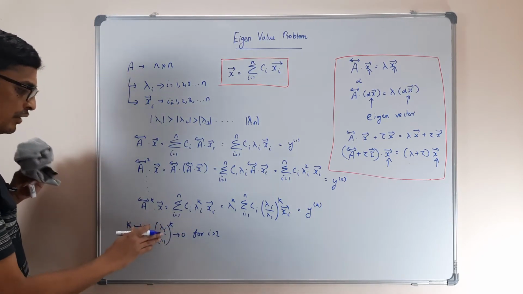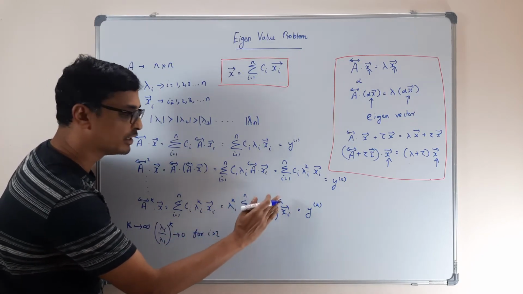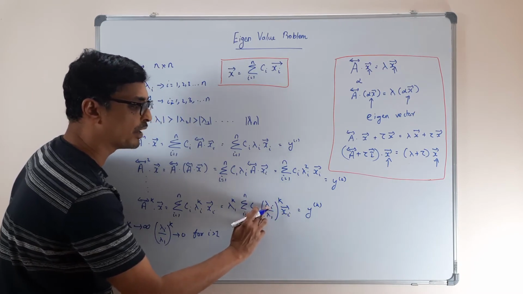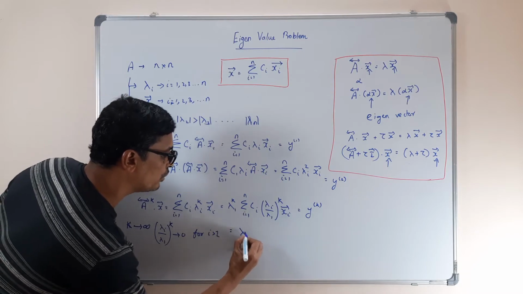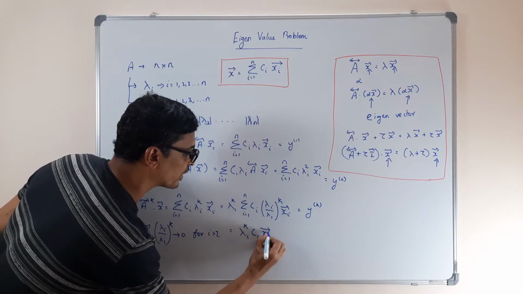So all the other terms vanish as k approaches infinity, and only the term corresponding to lambda 1 remains. This will be lambda 1 to the power of k, c 1, into the x 1 vector.